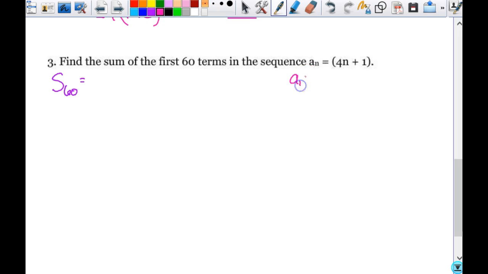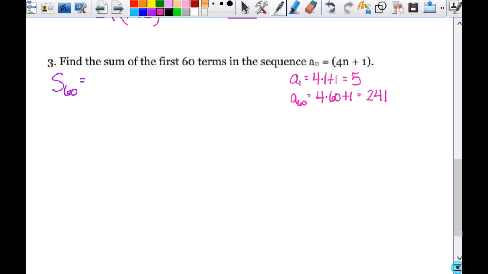So for the first term, n is 1, so I'm substituting that in there. It's going to be 4 times 1 plus 1, which is 5. Which other term do I need? The 60th, and that'll give me the last term. So when n is 60, that's going to give me 4 times 60 plus 1. So that's 241.